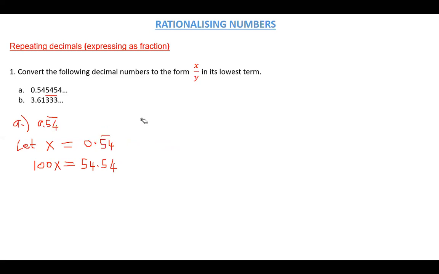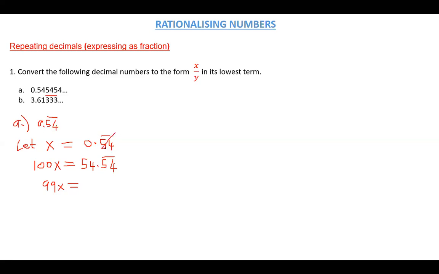All right. After doing this, it's just a matter of subtracting. 100x minus x gives 99x, equals 54.54 bar minus 0.54 bar.